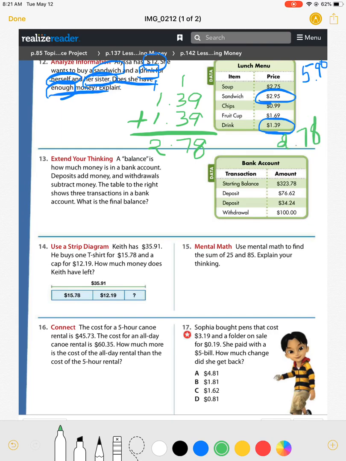Now, what's our next step? We have the price of the sandwiches and the drinks. What do we do with these separate amounts? Our question asks, does she have enough?